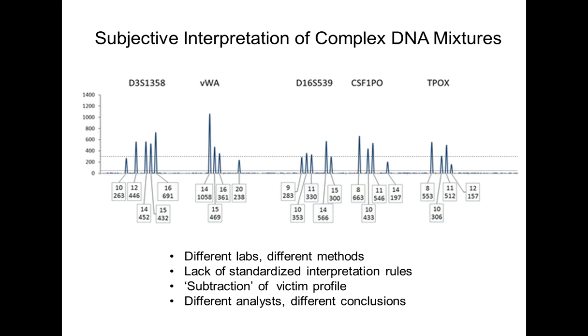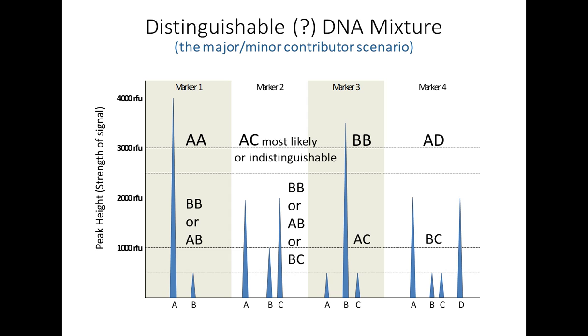And what we found was when you give a copy of the same DNA mixture to several different highly competent DNA analysts, many times the different analysts independently would come to different conclusions about whether someone was included or excluded from that mixture.